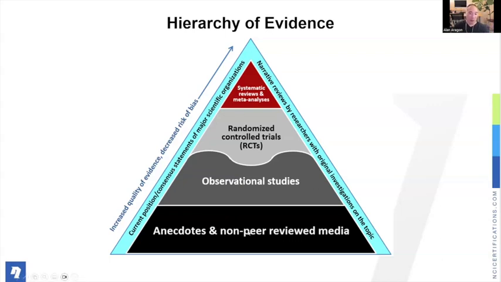But let's first start with the very bottom of the pyramid, the weakest form of evidence: anecdotes and non-peer-reviewed media. This is in reference to essentially gossip through the grapevine, hearsay, opinions of unqualified individuals, and even opinions of semi-qualified individuals, but it hasn't been peer-reviewed.